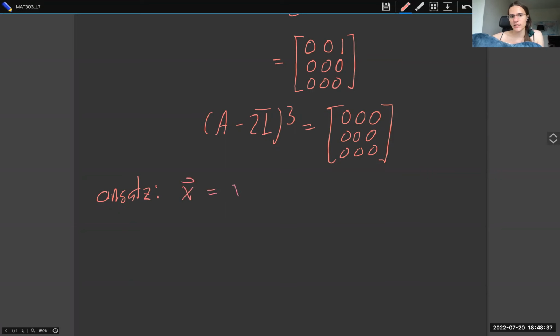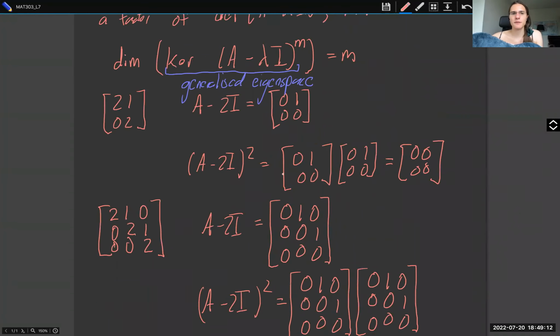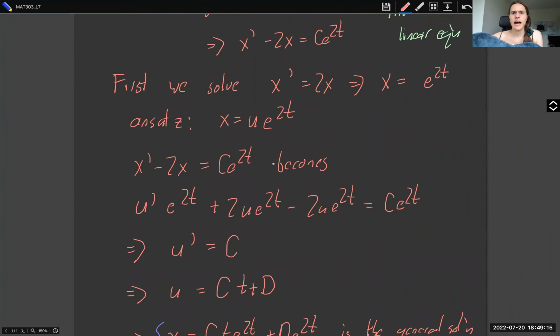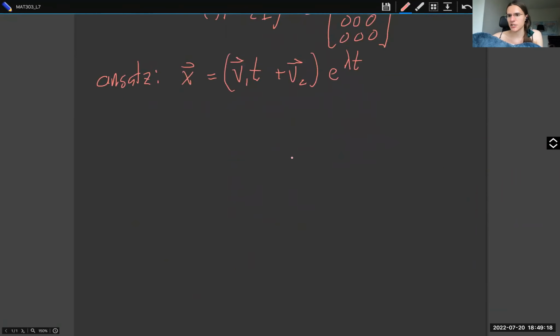It's x is equal to (v1 t + v2) times e to the lambda t, where our eigenvalue is lambda. This is going to be an ansatz for a general case where you have a multiplicity 2 eigenvalue.